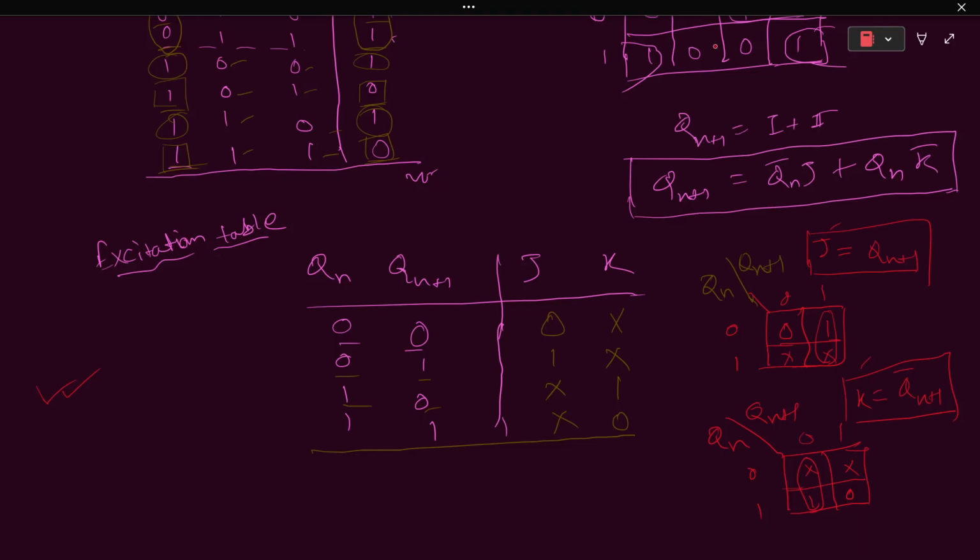So I request you guys to go through that session. In the next session we will discuss more applications, and also the master-slave JK flip-flop, why we need that. Also what the race around condition is, how we will overcome that, and the drawbacks. These are the things we will discuss in the next session.